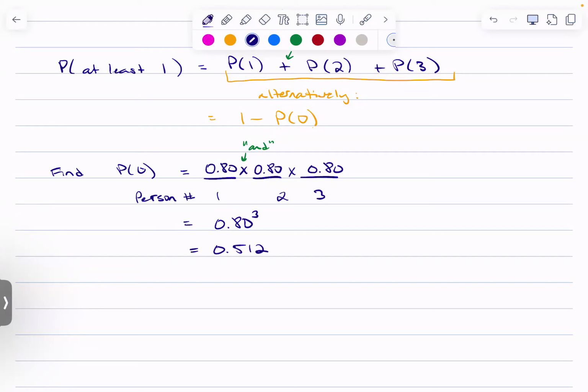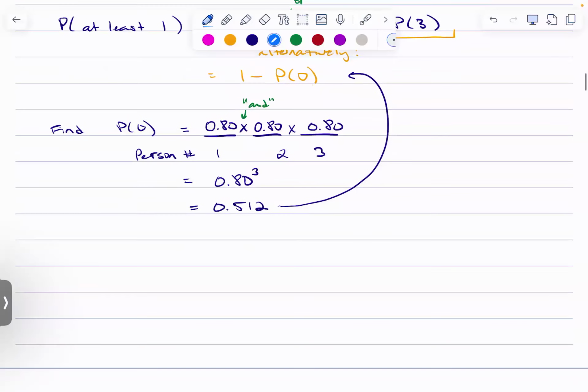So that's what we want to take away from the sample space, right? So that's what I can plug in here and find, because really what I'm looking for is the probability of at least one. Okay. Or maybe I should just rewrite it down here.